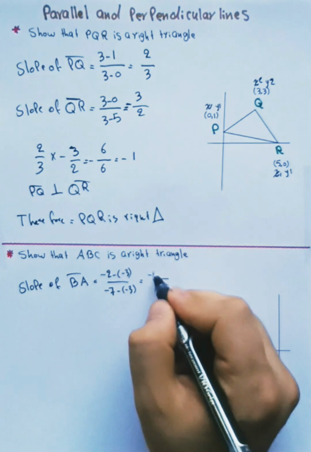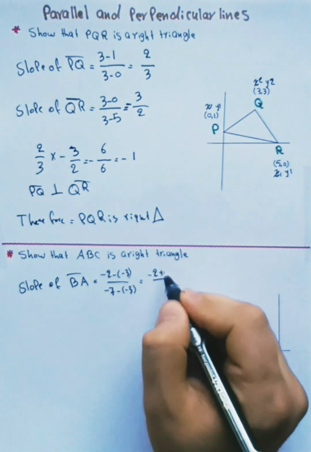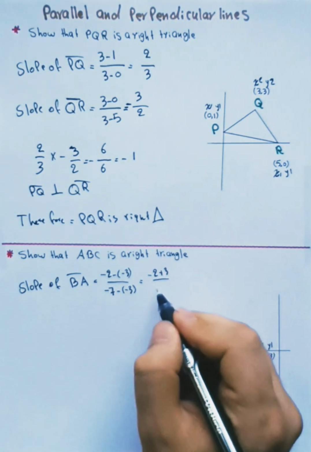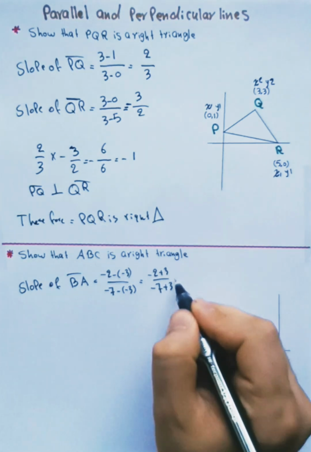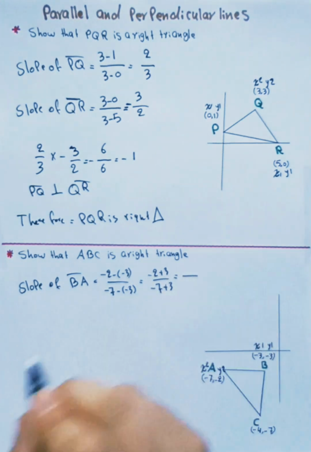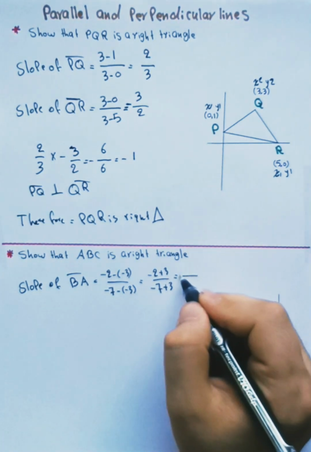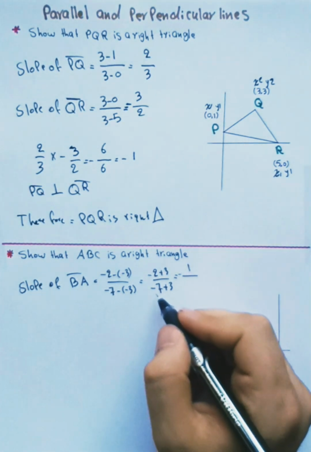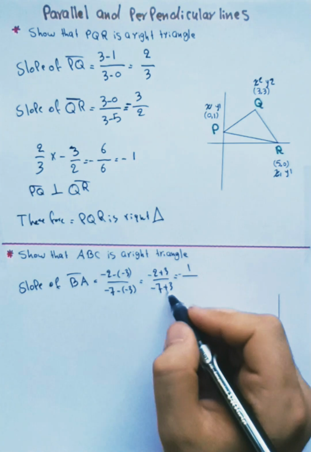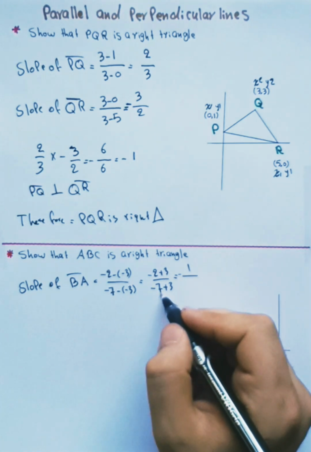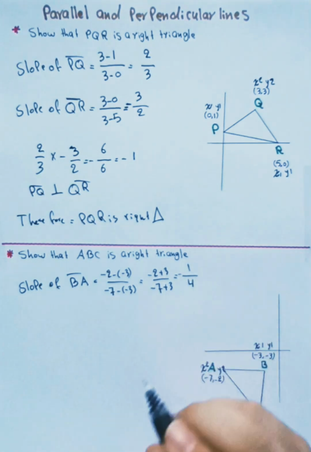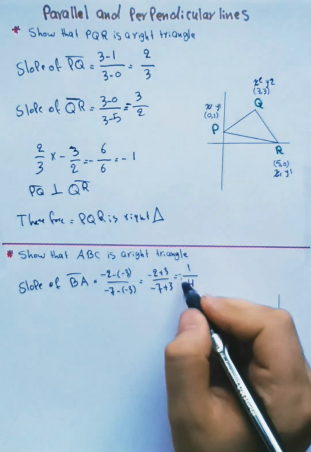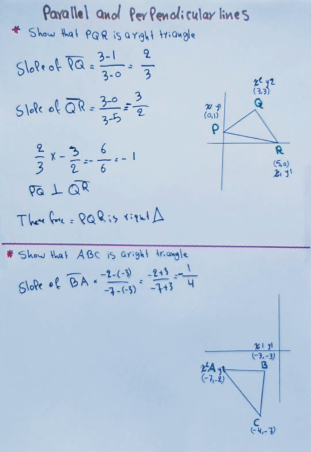So we have negative 2, minus times minus is plus 3, out of negative 7 plus 3. You have to subtract these two numbers. We will get negative 1, and then minus times plus is minus. 7 minus 3 is 4, so we will get negative 1 out of 4, and then we have to find the slope of BC.